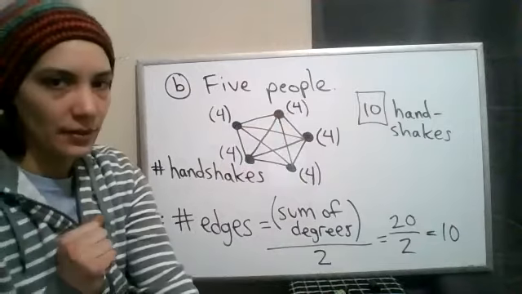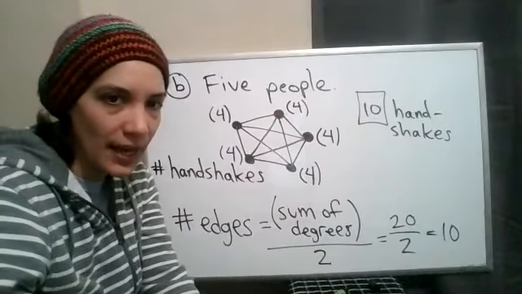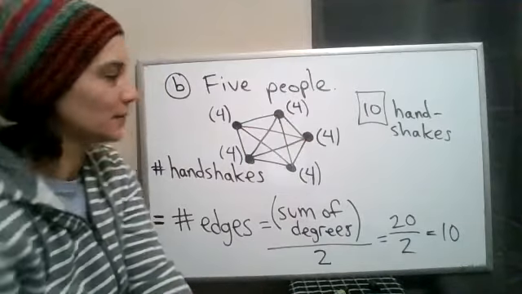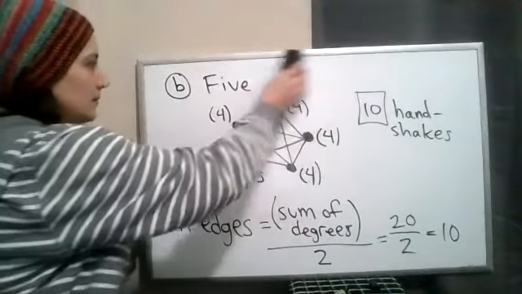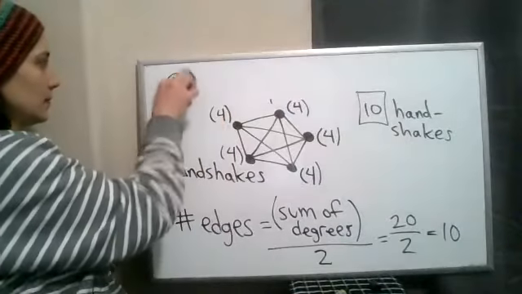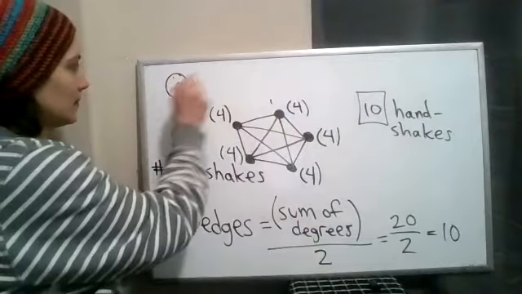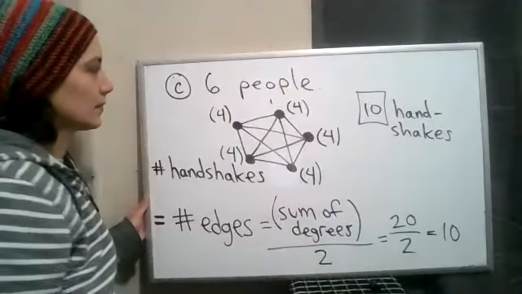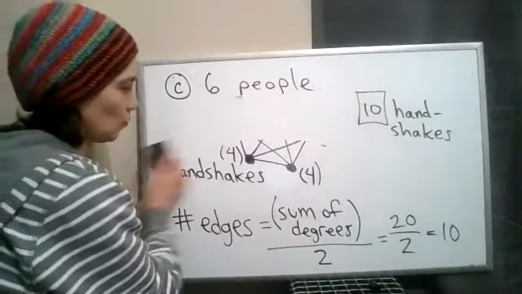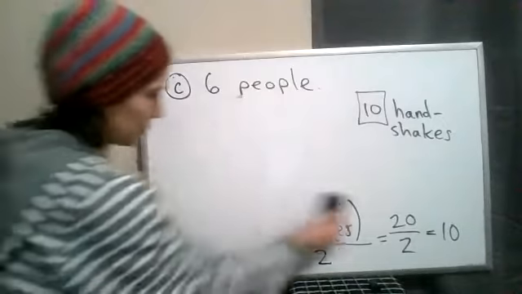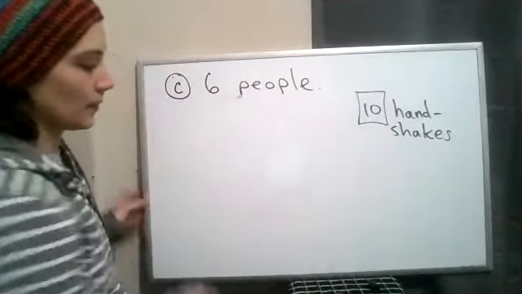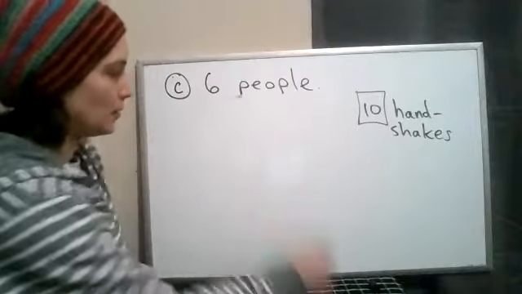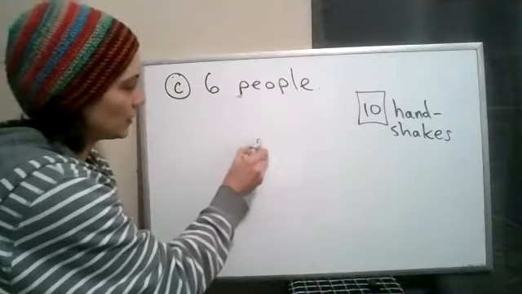Last one. For this example, we have 6 people who meet. How many handshakes? All right, let's draw every person kind of standing in a circle.